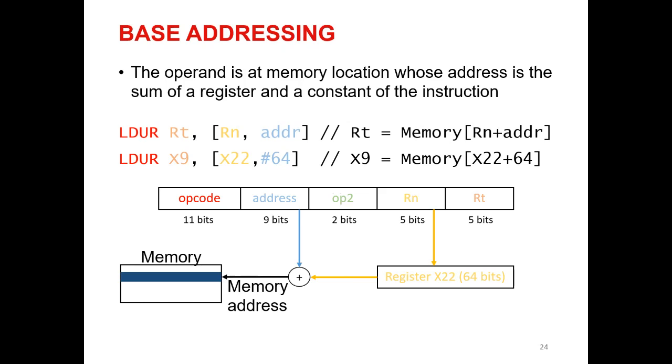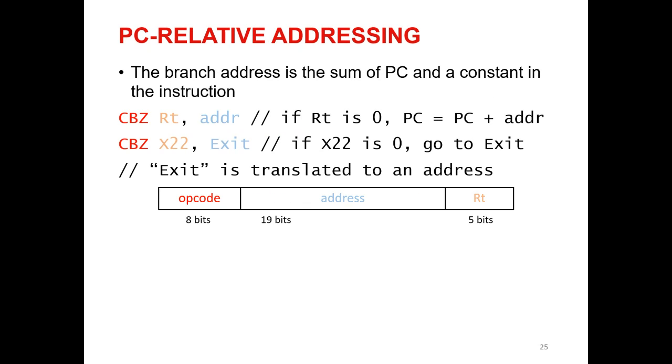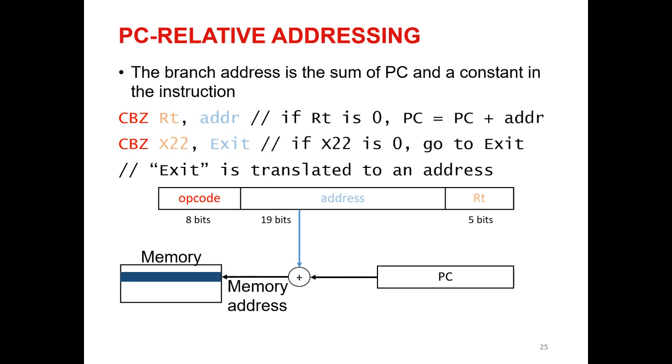So now, another kind of addressing. We have already seen this. Remember the compare and branch if 0. Remember that if the register is equal to 0, we go to a given address. So what is happening here is that in the program counter, the PC, we have the address of the instruction which is currently being executed. And what we do is we sum the address indicated in the address field and then go to this address in memory.